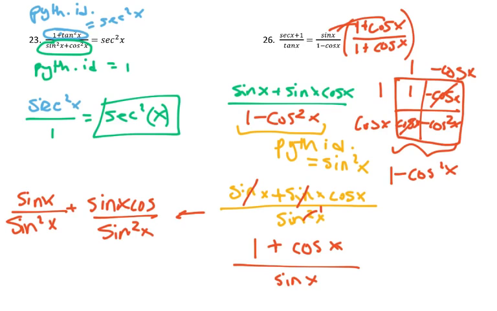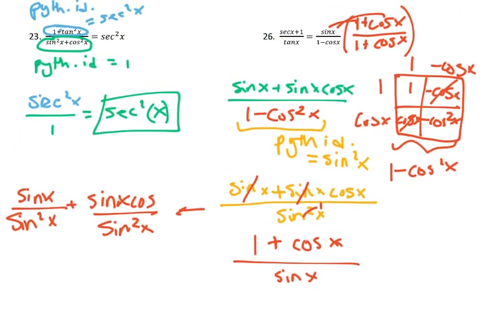So either way, this is where you get to go back to understanding what you're trying to get to, because right now I have a 1 plus a cosine, and I actually want secant plus 1. So to turn this 1 into a secant, I could divide it by cosine. To change this cosine into a 1, I could divide it by cosine. And to change this sine into a tangent, I could also divide by cosine. So oddly enough, within the problem, I am going to divide each of these pieces by cosine.